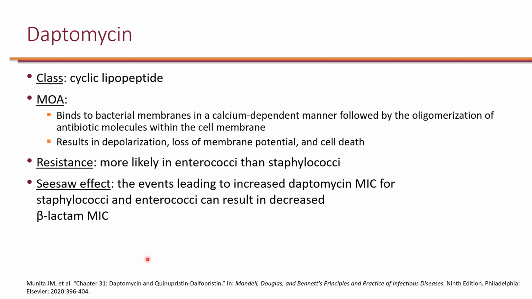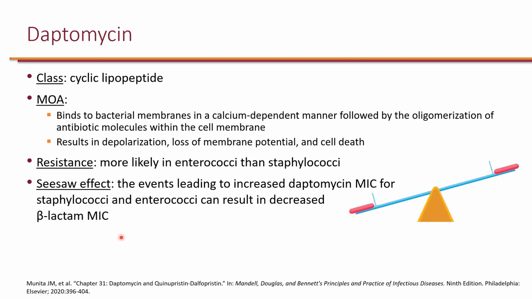Now, something cool about daptomycin is the seesaw effect, which essentially means that as daptomycin MICs go up, in either staphylococci or enterococci, we can see that beta-lactam MICs go down. So it's kind of a seesaw. As the MIC of one goes up, the other one goes down.